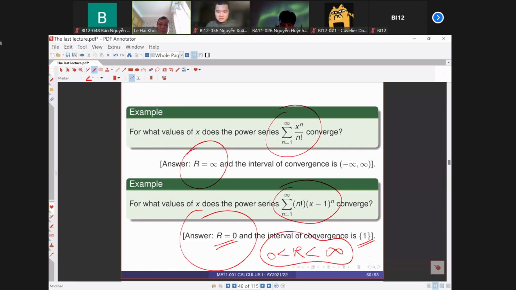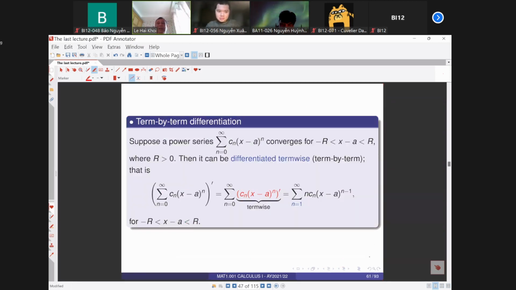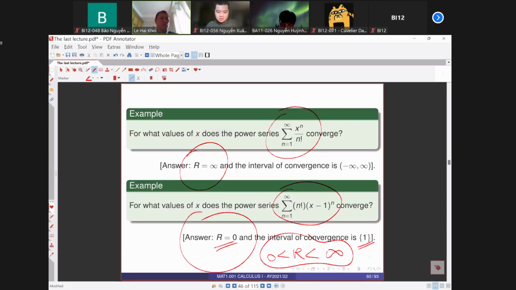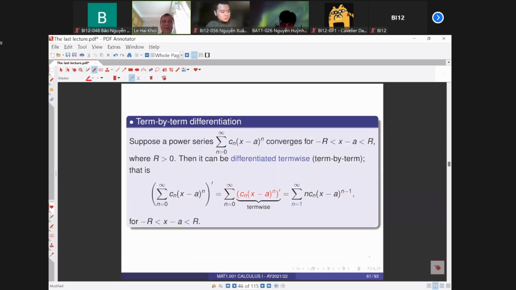Okay. So you have 3 examples and I give you 3 possibilities, 3 answers. And now for power series, you may have something very interesting, not only theoretically, but also in application.